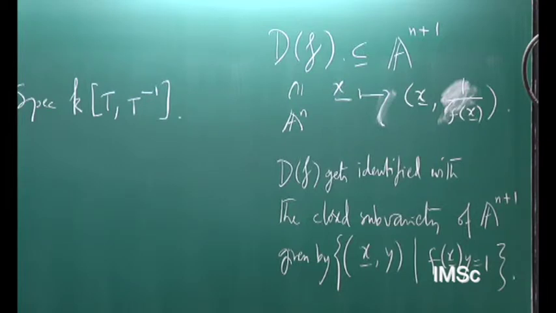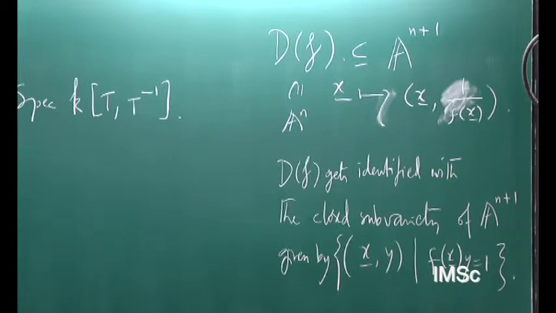So Df is open in A^n, but it is also an affine variety in its own right by just making this construction. That's one way to think about it.